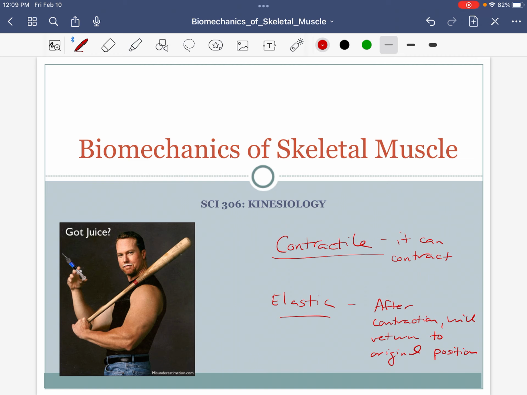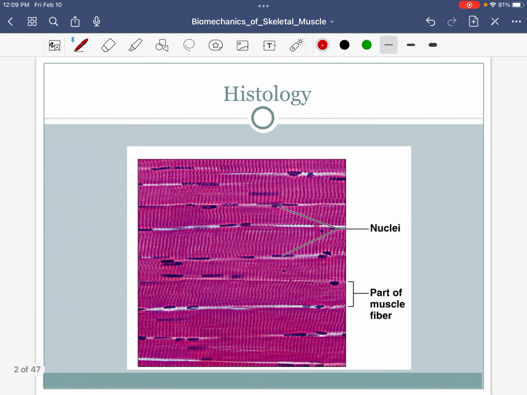Again, not all tissue is elastic in this way. Typically, every tissue in the body has some elasticity, but often not very much. Muscle tissue has a lot of it. These are the characteristics that allow muscle to do what it does for us. It can forcefully contract to create movement and propel things. And after it contracts, it can return to its original position, which means that we can come back to it again and again. So it can continue to contract for us and return to its original position.